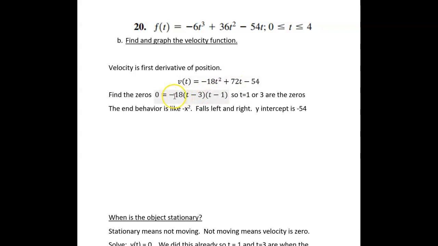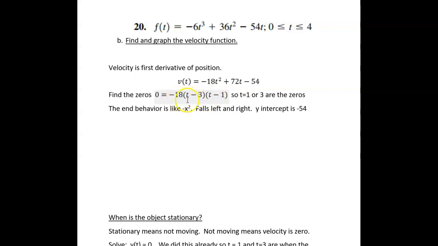So I factored out a negative 18 because I find it easier to factor with a positive squared value. Negative 18, and I get negative 18 times t minus 3 times t minus 1. I'll leave that factoring to you. But in order for that to be 0, t is either 1 from this factor or 3 from the first factor.